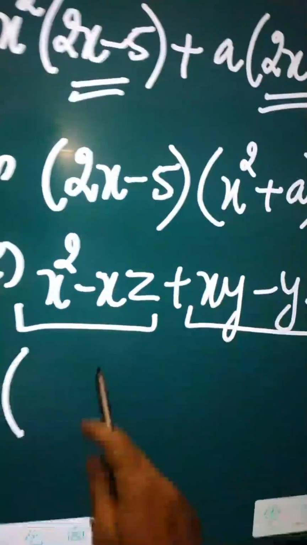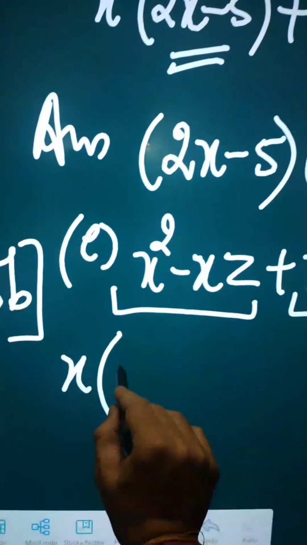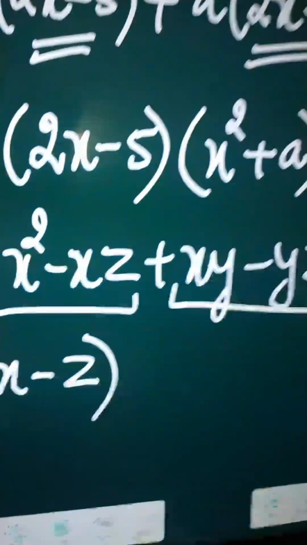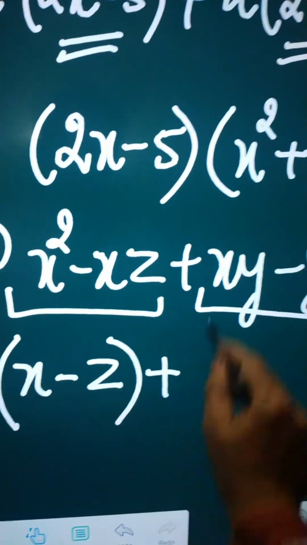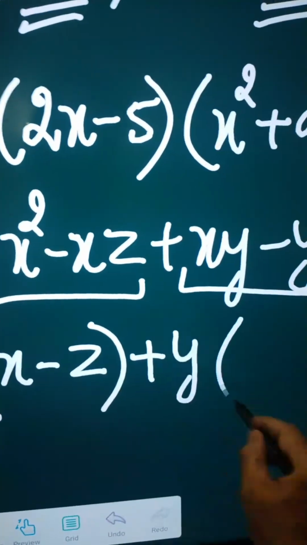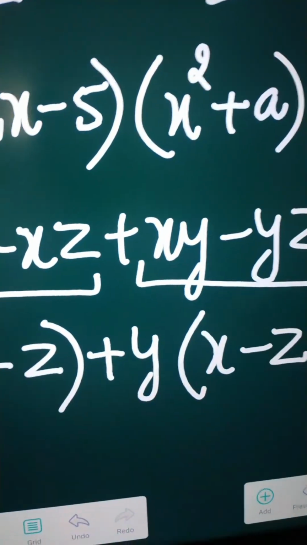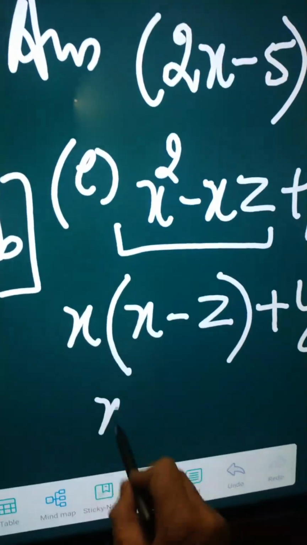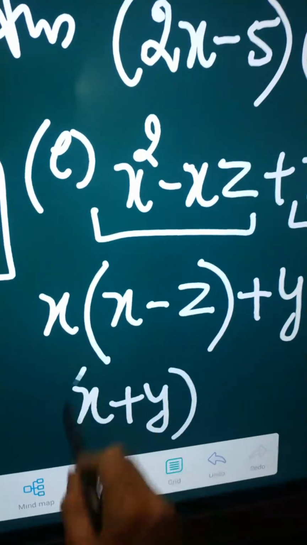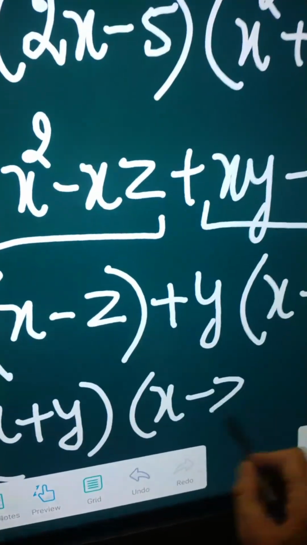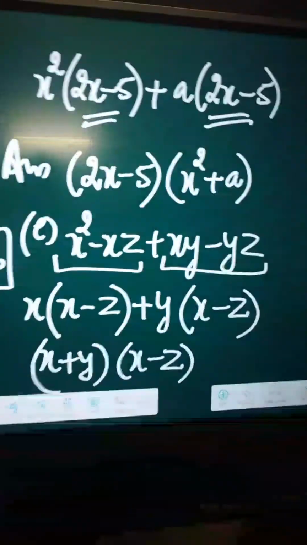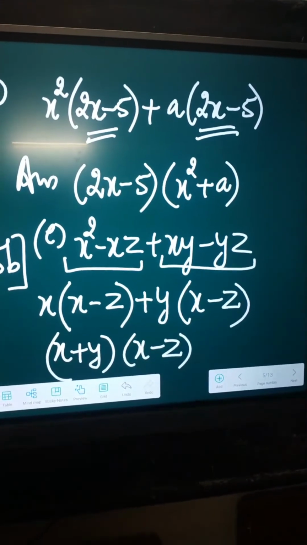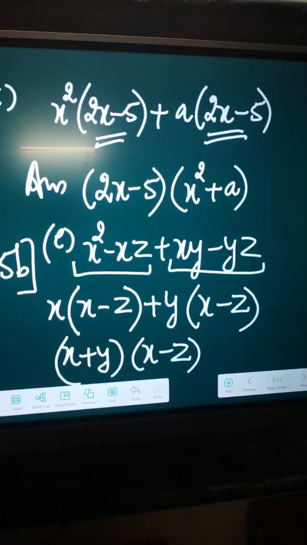That in the brackets, whatever will come, x minus z. Now here what is common? Plus y is common, so y, x minus z. Now the answer is x plus y. So x square minus xz plus xy minus yz.